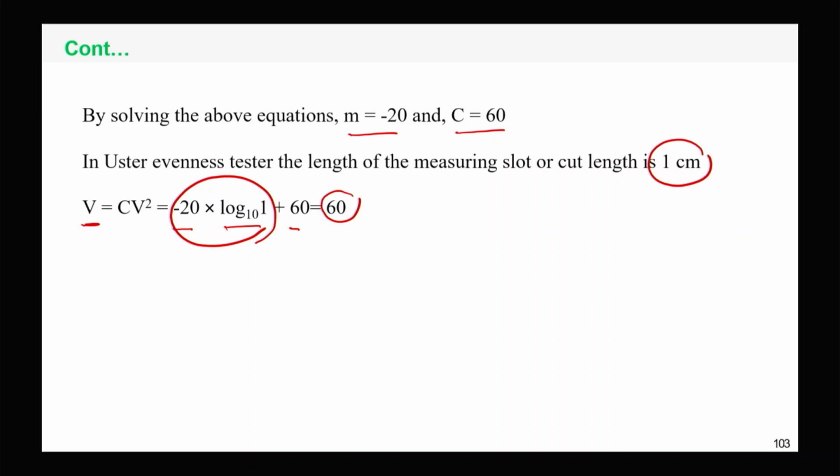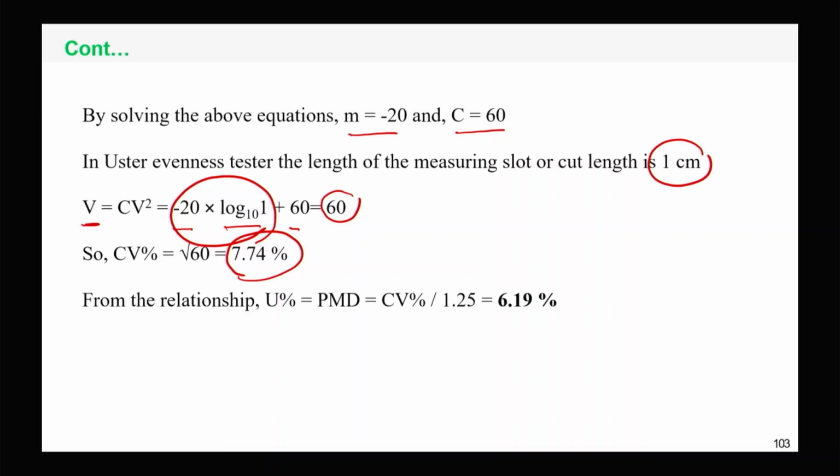So variance is nothing but CV square. So we get the CV value, under root 60, 7.76%, and from the relationship, U percent equal to PMD, percent mean deviation, and the relationship between percent mean deviation and CV, we can calculate the CV percent divided by 1.25, it will be 6.19%.